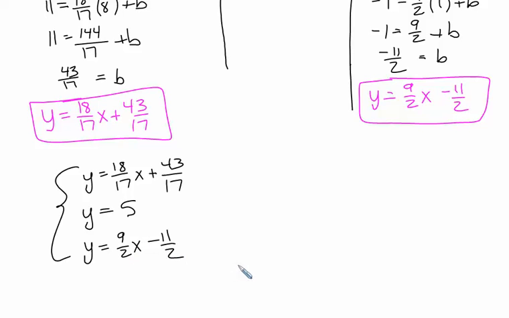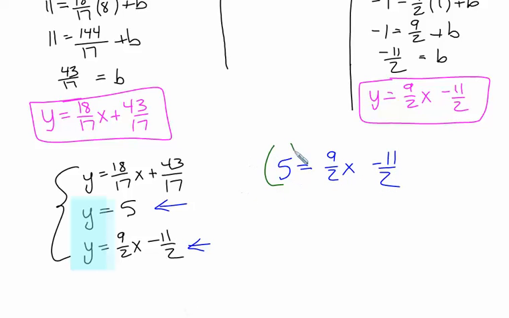Now same deal, pick the two easiest equations. In this case, it appears to be the middle and the bottom equation. Use the transitive property. Since the left-hand sides are the same, the right-hand sides have to be the same. So 5 equals 9 halves x minus 11 halves.